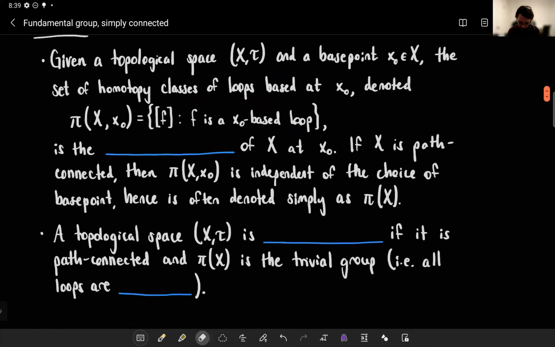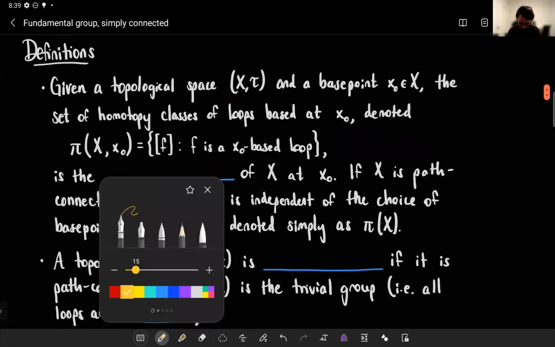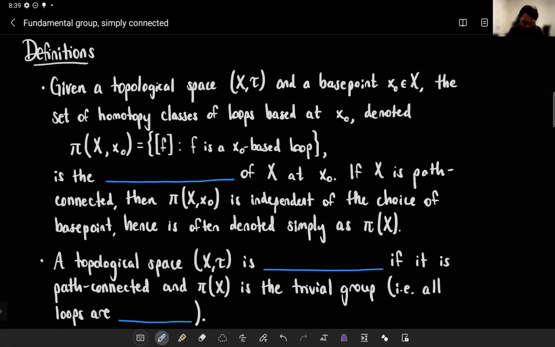What do we call this thing? Well, if you've looked at the title of this video, you might guess this is called the fundamental group. And I told you we would get some algebra in here, so I'm using the term group in the algebraic sense. It's the fundamental group of the topological space X based at the point x sub 0.